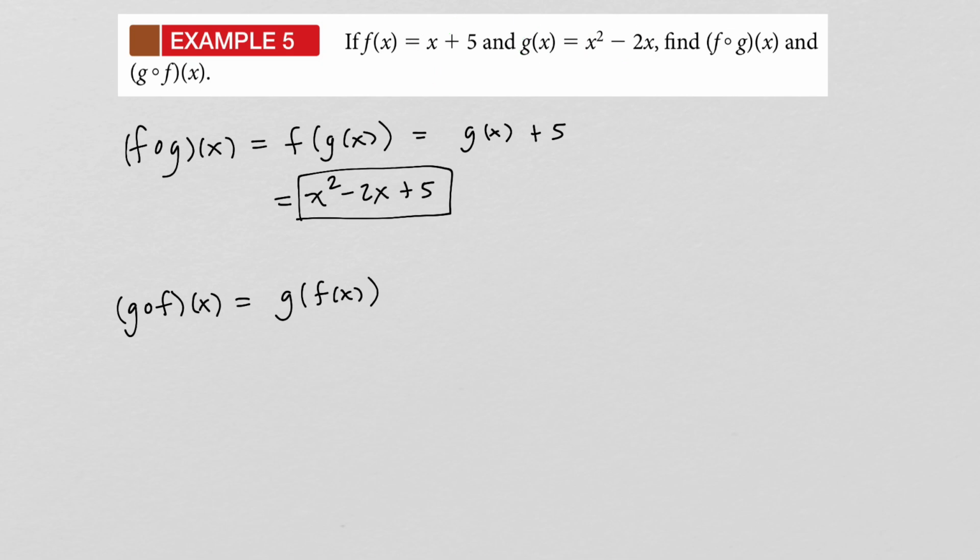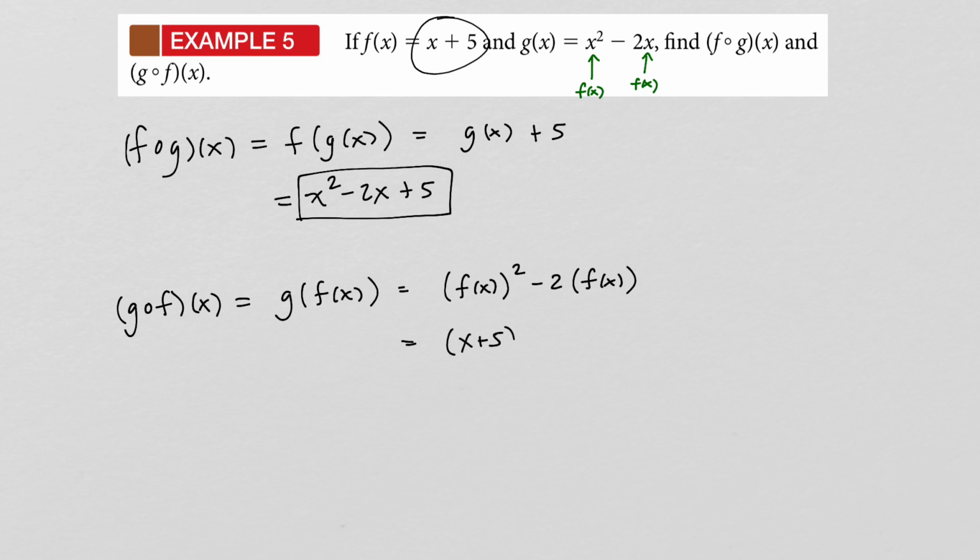For the second part, g of f of x, we're just doing the reverse. Now we're taking f of x and plugging it into g of x. So I'm going to replace x in both places here with f of x. So this becomes f of x quantity squared minus 2 times f of x. But we know what f of x is. f of x is x plus 5.